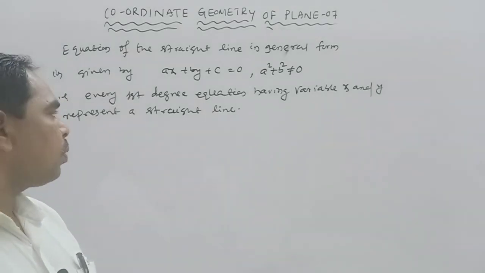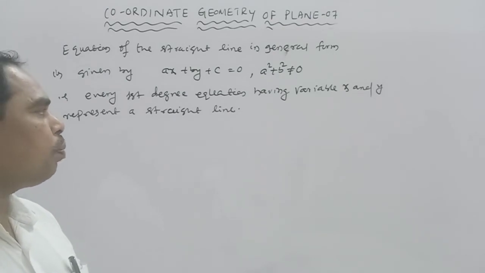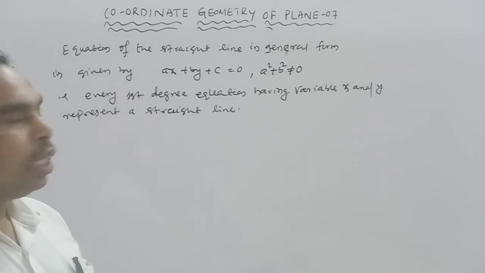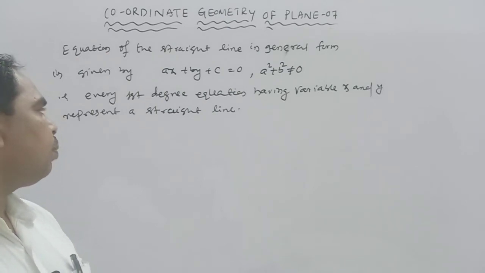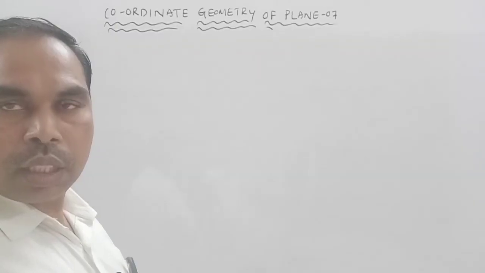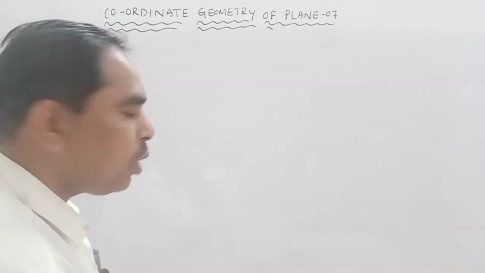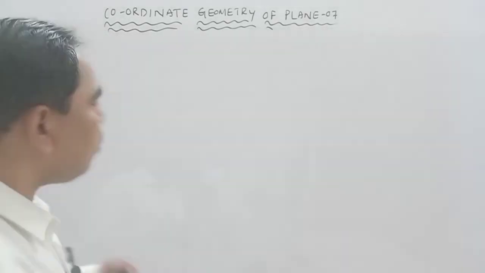So the condition is a square plus b square not equal to 0. Okay, next one, reduction from one form to another form.